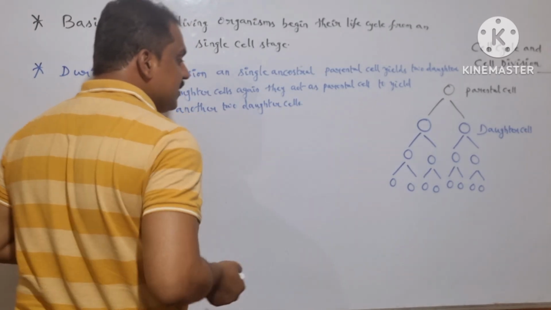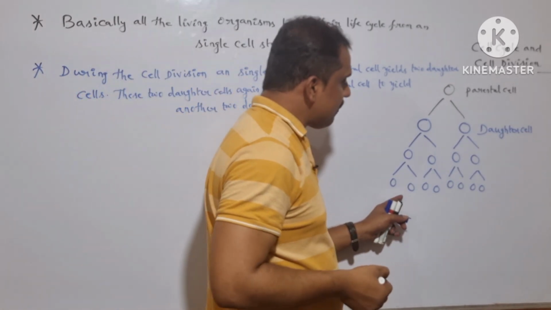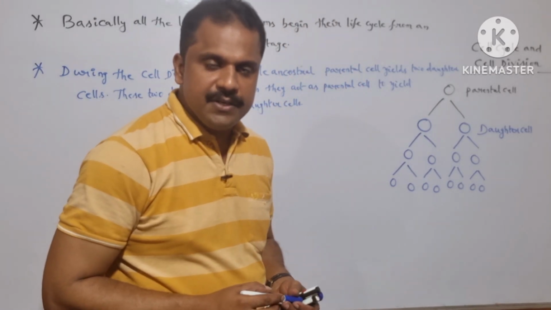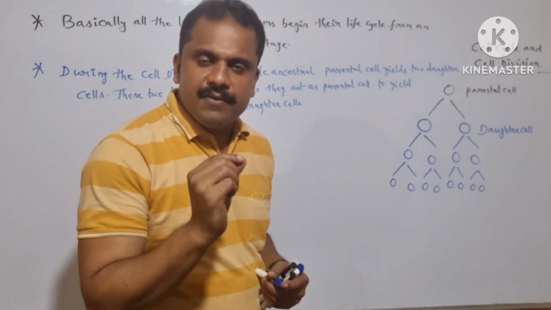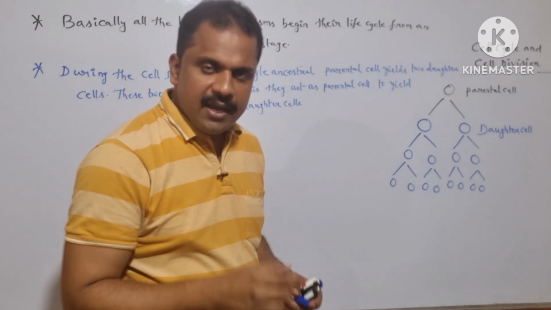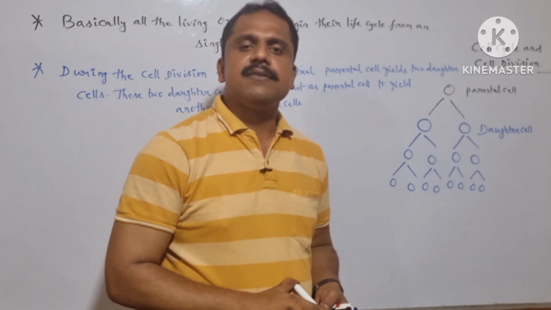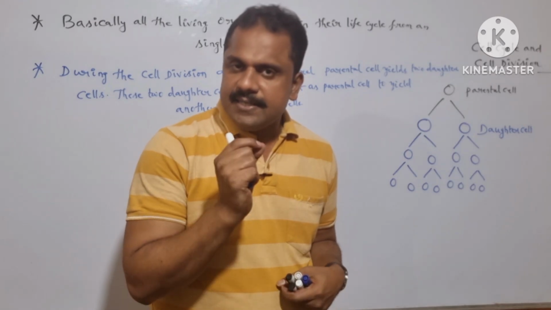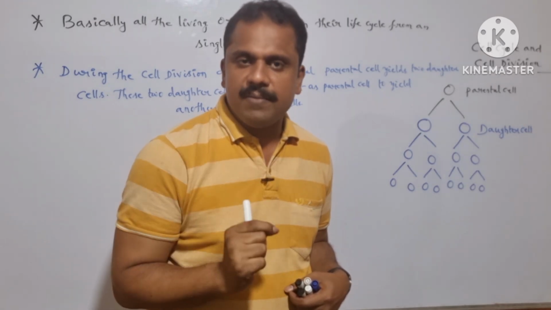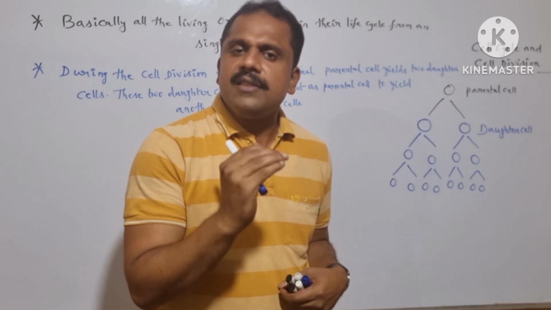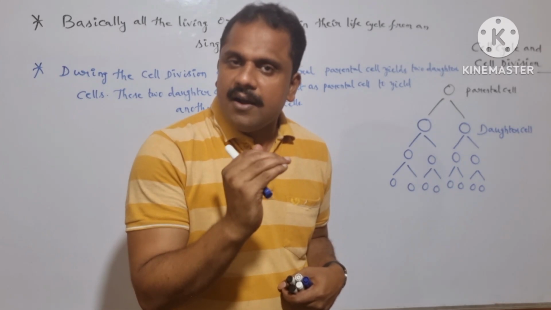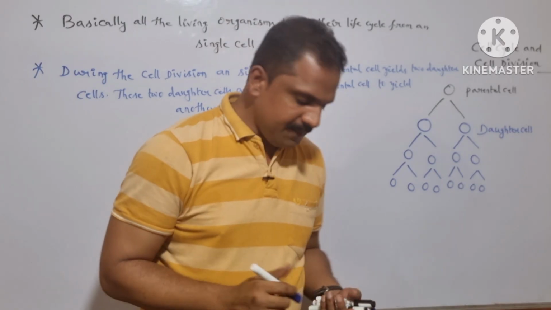So once multiple cells aggregate together, they lead to the formation of tissue, and once many tissues aggregate together, they lead to the formation of an organ, and once many organs are arranged in a sequential manner, it gives rise to a young living organism or complex living organism. So here growth and reproduction are the important characteristic features of all the living organisms. Is it clear?